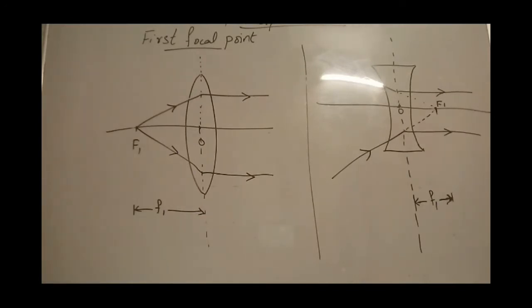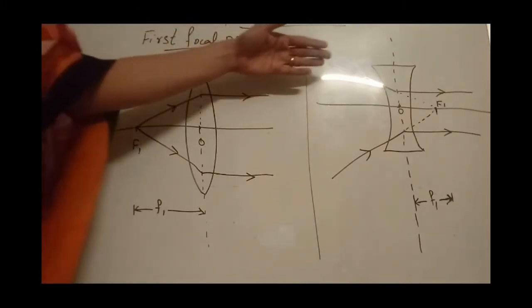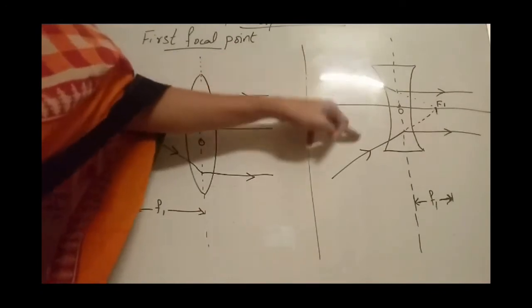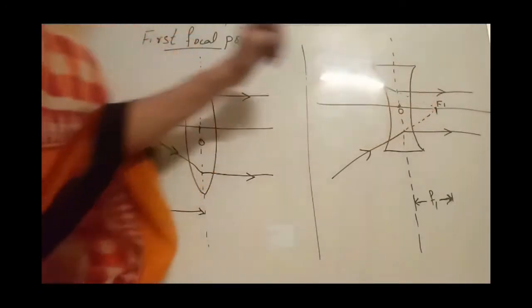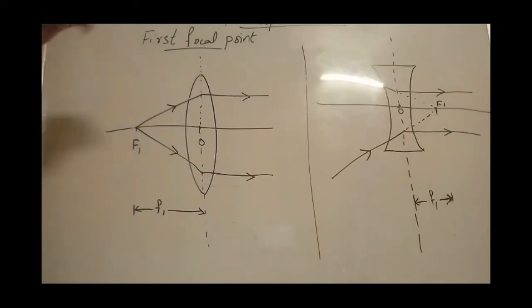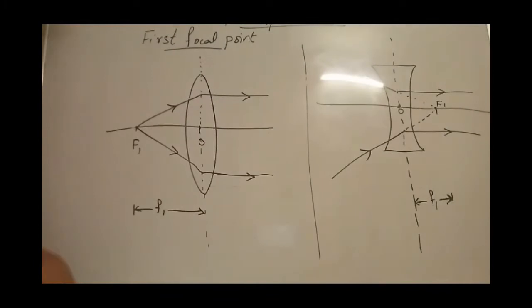So for a concave lens, we can define it in this way. The first focal point is a point on the principal axis such that the incident rays will appear to meet at that particular point, and after refraction from the lens will become parallel to the principal axis.